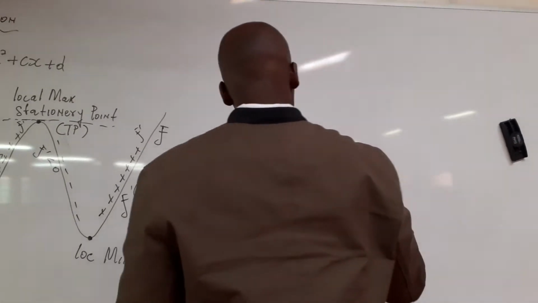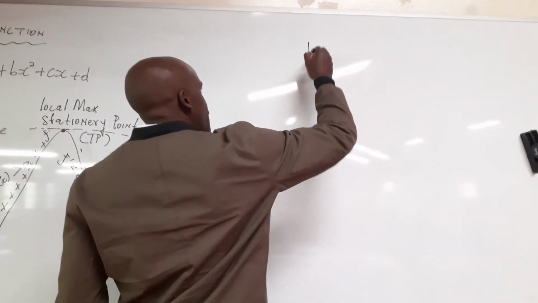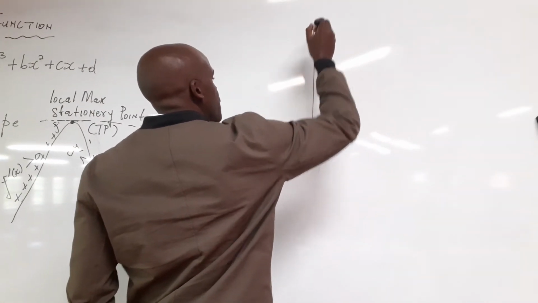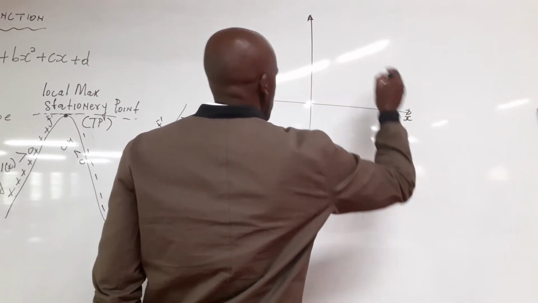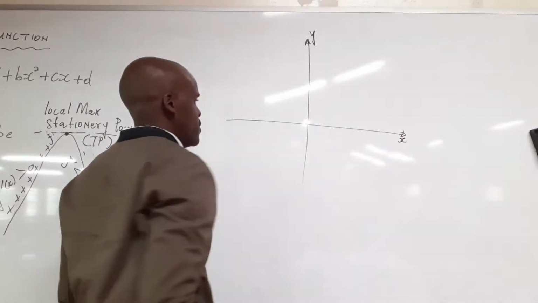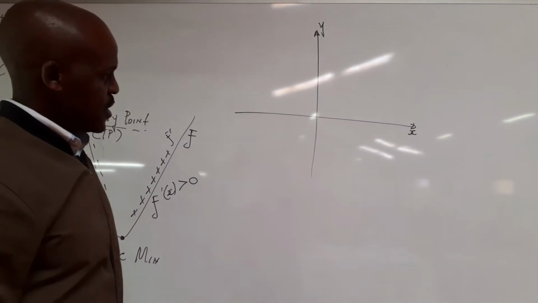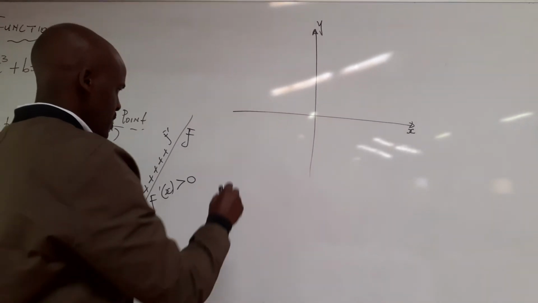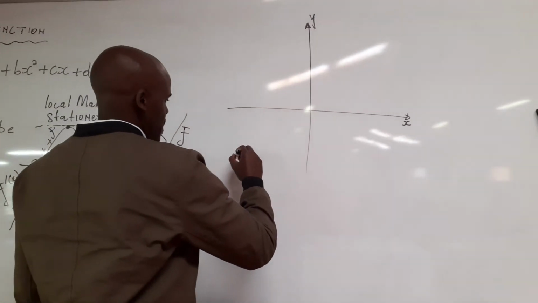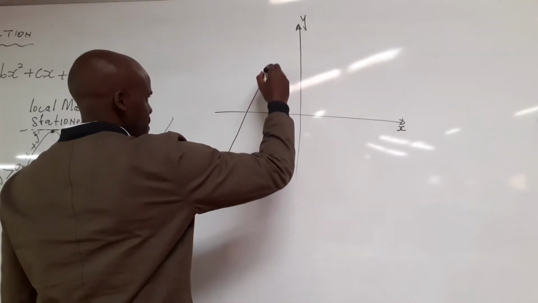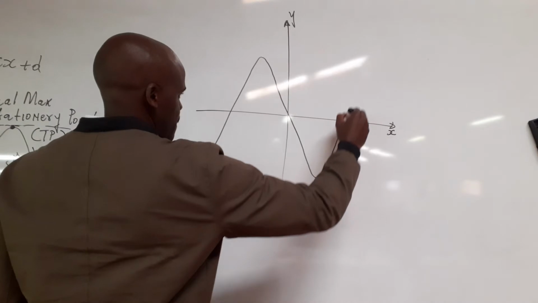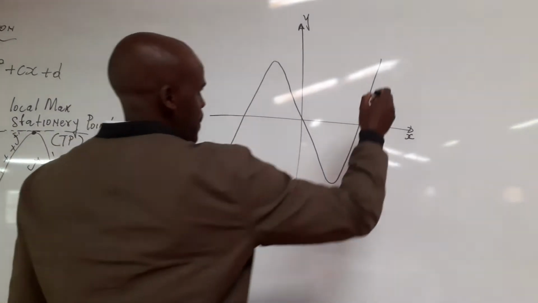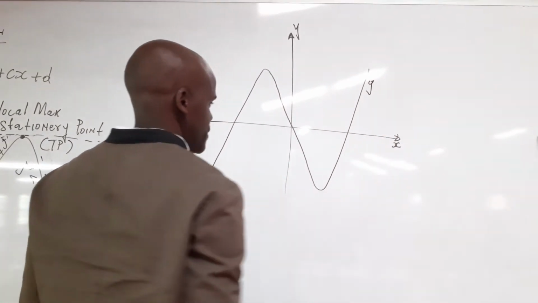Let me draw the Cartesian plane. We call that a Cartesian plane. So let's draw an increasing function. Let's say this is the function g.